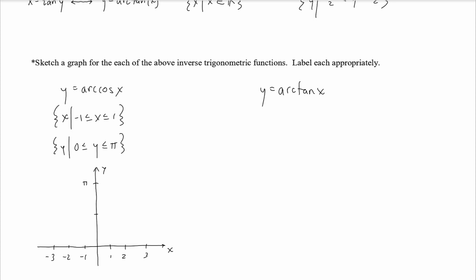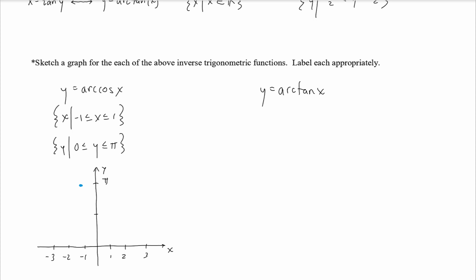So when x is -1, you'd have pi, so -1, pi. And then when x is 1, cosine of 0 is 1, so we'd have 0.